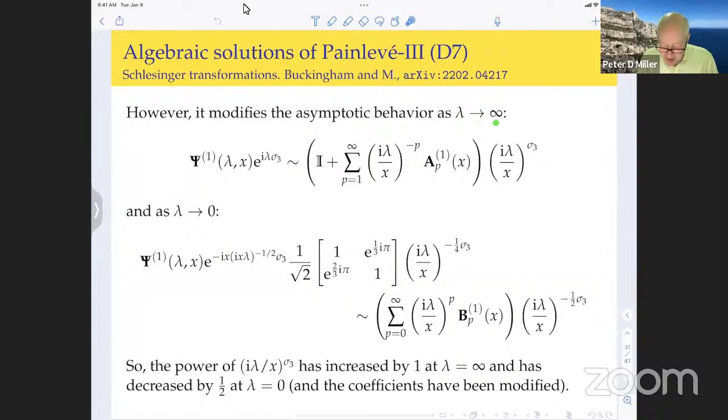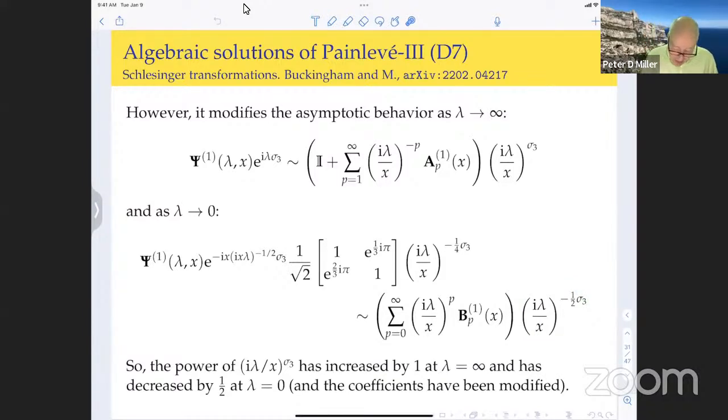It changes the asymptotic behavior at infinity. So before we just had this series expansion, and now we pick up this factor of I lambda over x to the sigma 3 on the right, just like that. And as lambda goes to 0, previously we just had this series here, but now we have it modified with this negative half power to sigma 3 of the same function, I lambda over x.